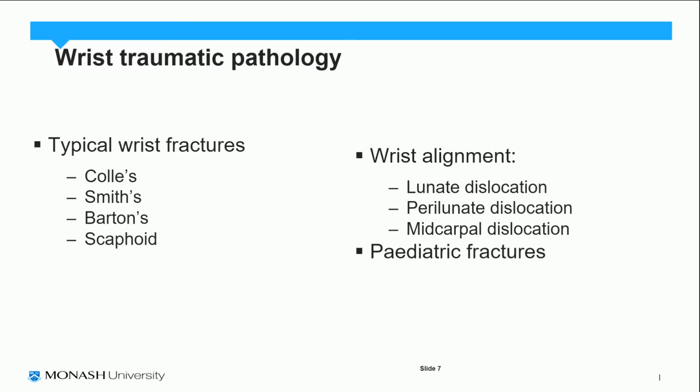So the types of fractures that we need to look for would be Colles, Smith, Barton's, or scaphoid. And in terms of wrist alignment, we need to look at lunate dislocation, perilunate or midcarpal dislocation, and then also pediatric fractures.